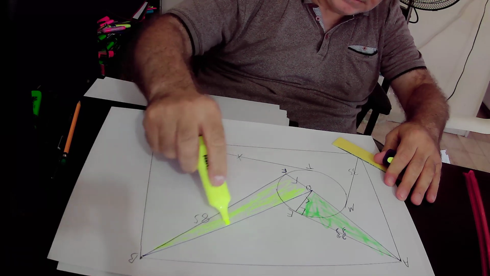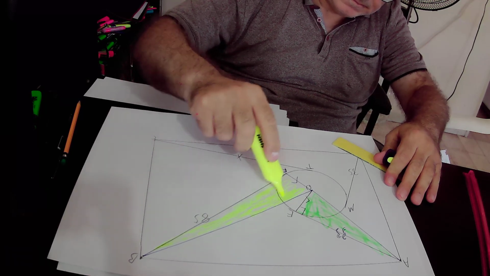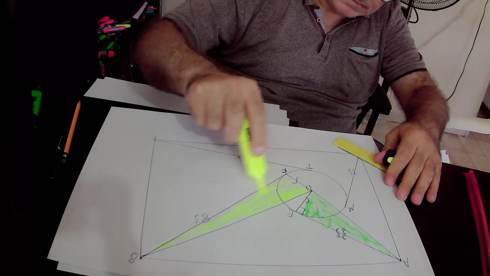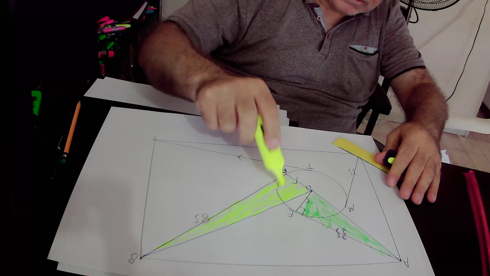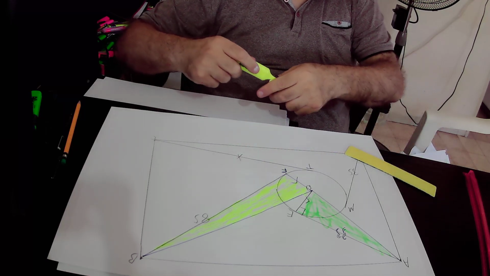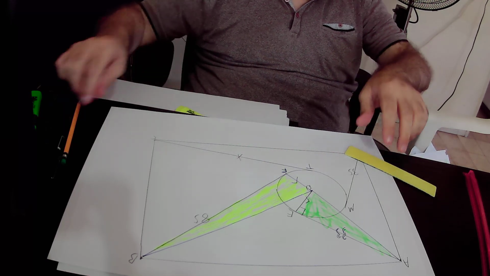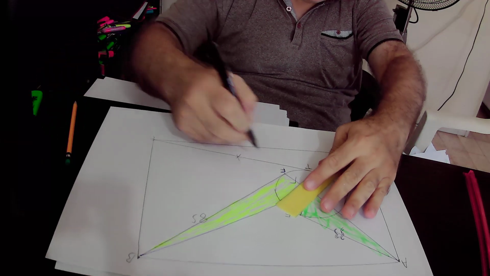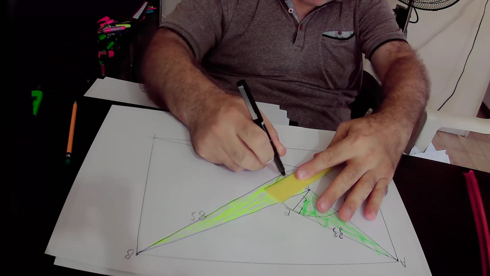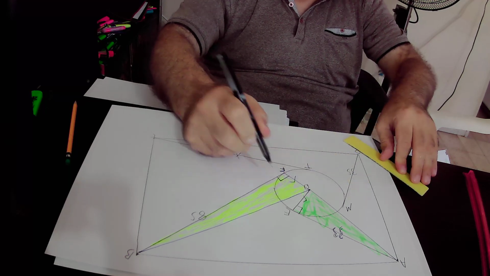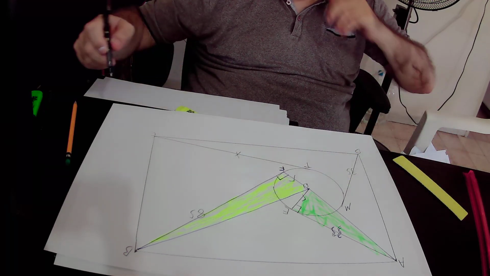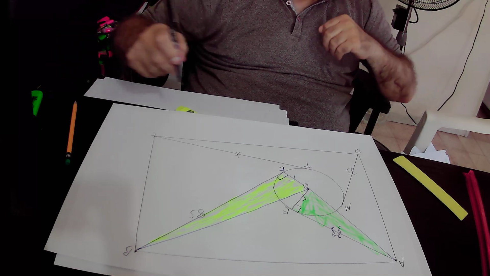Here actually the radius OF is drawn to the point of tangency, therefore this angle equals 90 degrees according to rule number 1. Therefore the yellow triangle is a right triangle.